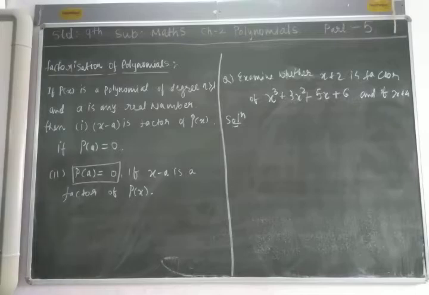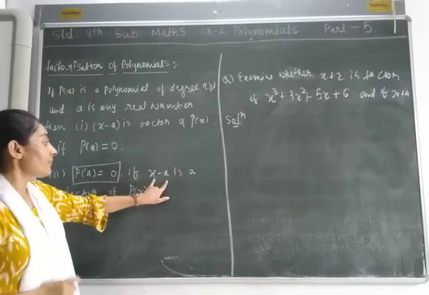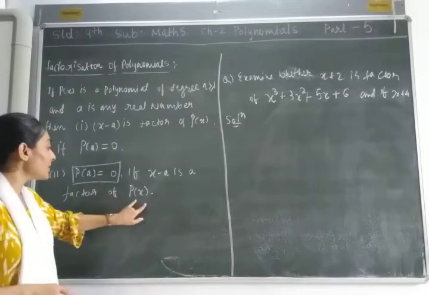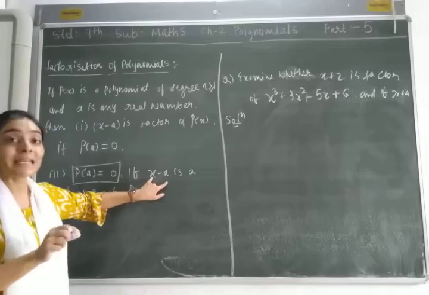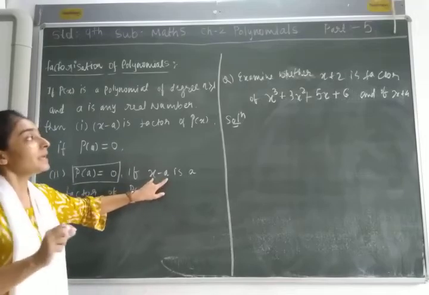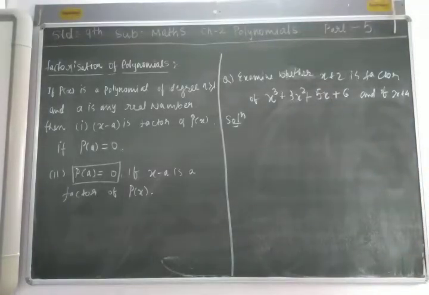So the given thing is, if x minus a is a factor of p of x, it means the factor is given. So we directly just write it in its 0 form.